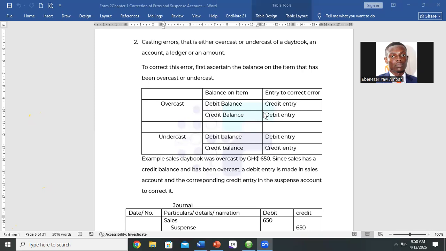And again, let me use an example here. Please, I'm taking my time to explain each error before we start solving the illustration so that you appreciate it better. Okay. So let's say you have a transaction where you debited cash and credited sales. So sales and cash.